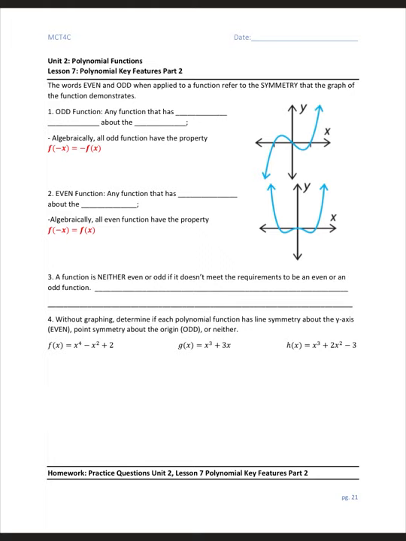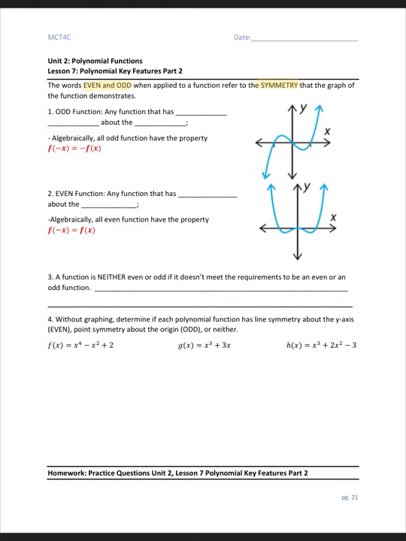So the words even and odd, when applied to a function, refer to the symmetry that the graph of the function has. I know we've talked about even and odd degree functions before, but we use the words even and odd also to refer to the symmetry, and I'll show you what I mean.